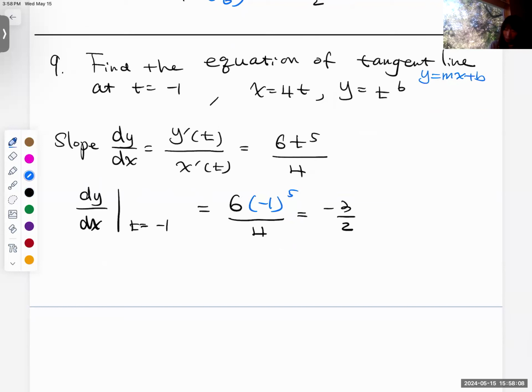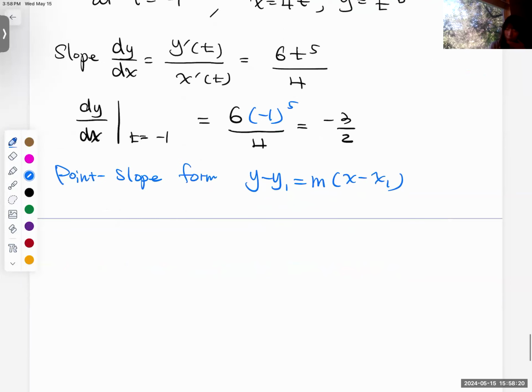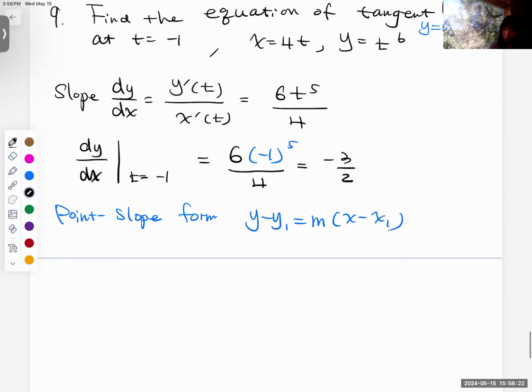Okay, now we have a point slope form. So we have y minus y sub 1 equals slope times x minus x sub 1. Okay, now when t equal to -1, x of -1, 4 times -1 is -4, and y of -1, -1 to the 6th power, which is a positive 1, right?